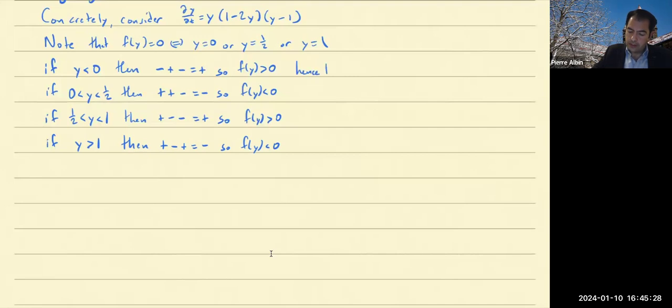Hence, the phase line is as follows. We have 0, 1/2, and 1. Those are equilibria. And if y is negative, then f is positive, so we're going up.